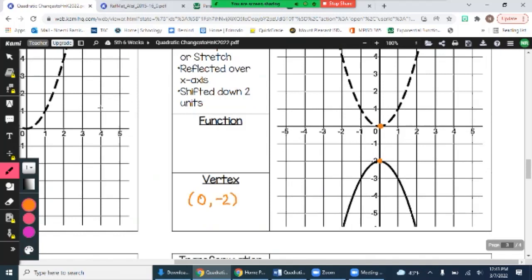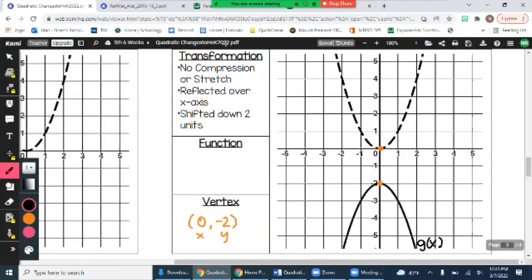Always dotted to solid. But that vertex is on which axis? It's on the y-axis, so we're still going to continue to use standard form. Half of this booklet, we're going to continue to use standard form. The other half, we're going to work with vertex form.